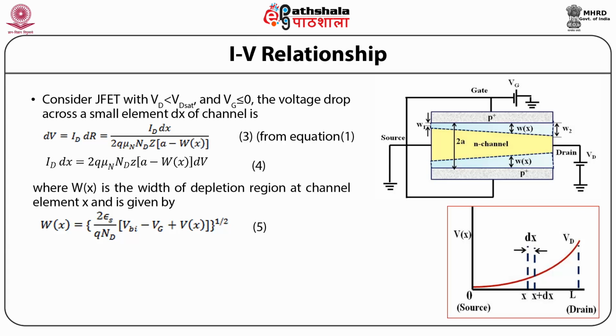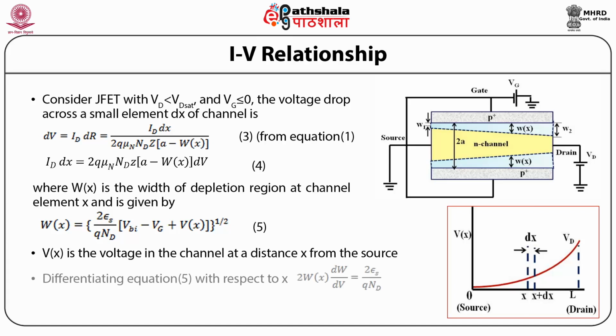This expression we have already evaluated in the case of MOS, metal oxide semiconductor capacitors. Here Vx is the voltage in the channel at a distance x from the source.